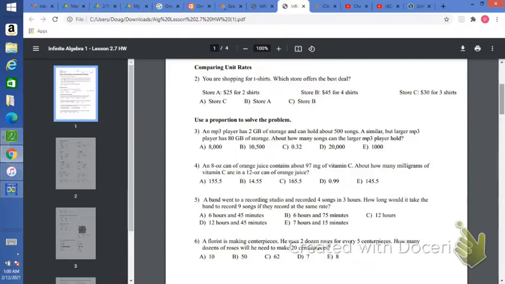All right, let's look at number 4. An 8-ounce can of orange juice contains 97 milligrams of vitamin C. How many milligrams of vitamin C are in a 12-ounce can of orange juice? Alright, let's set up a proportion.